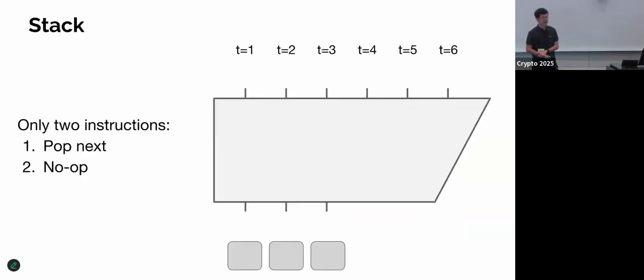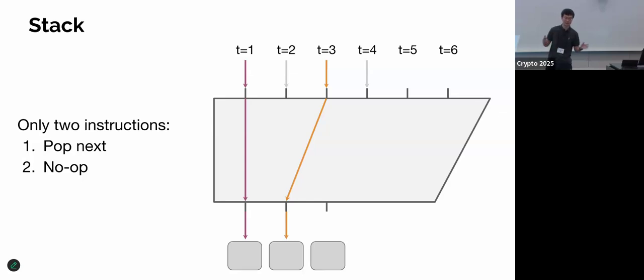So what is a stack? You can think of it as a simplified memory that only supports two instructions. At every time step, it either accesses the next memory location, or it just performs nothing, a no-op. And moreover, since we are already using an ORAM, it's fine to reveal to the evaluator what instruction is performed at every time step.